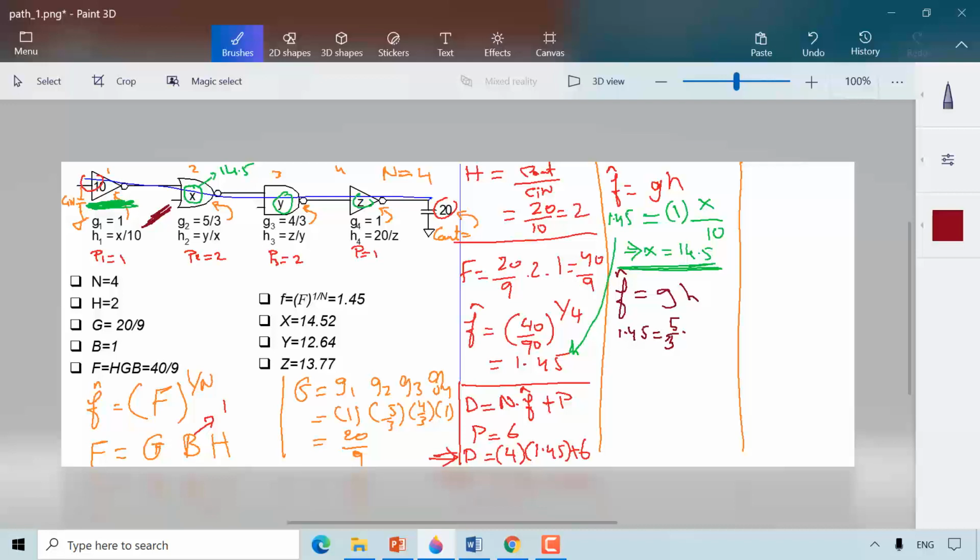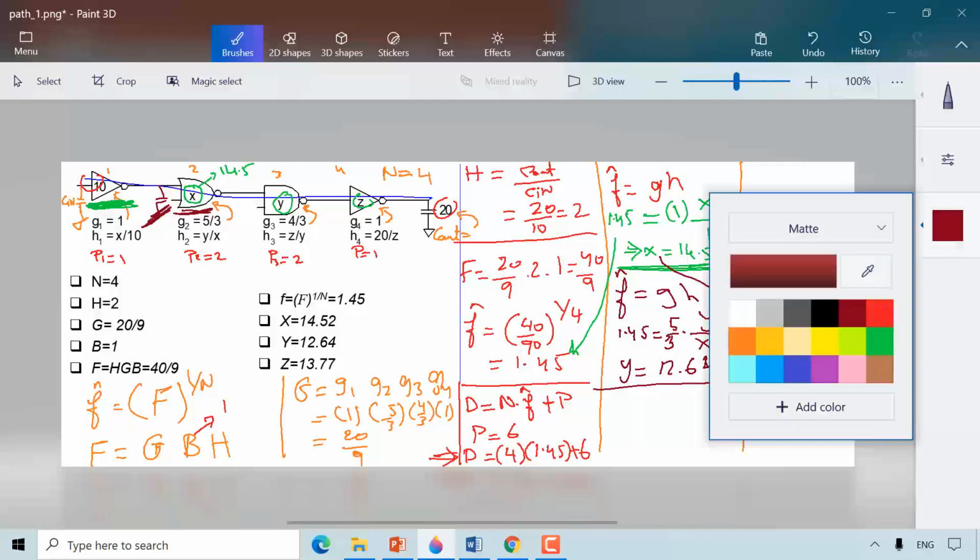Times the load of this gate. The output load is Y over the input gate capacitance here, which is the X. I know the X value, so now I can find out what is Y. So Y can be easily computed as 12.64.